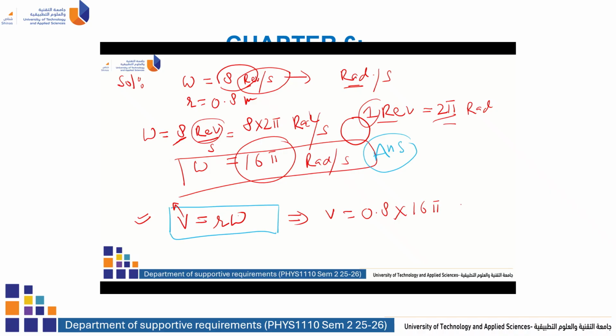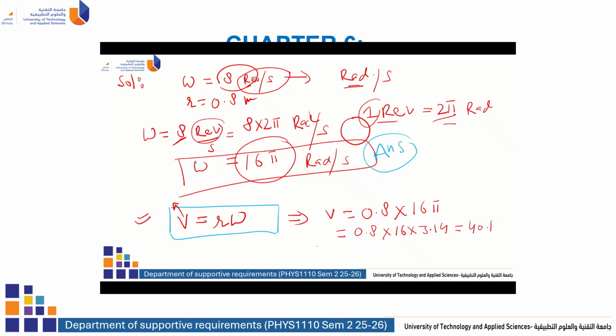For the value of pi I will use 3.14. If I calculate this, it will come approximately 40.1.